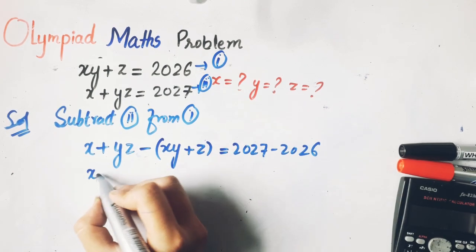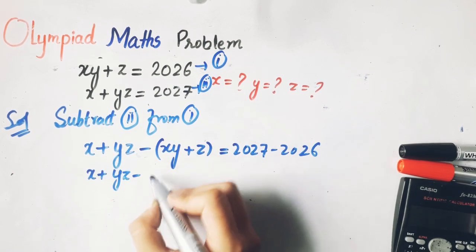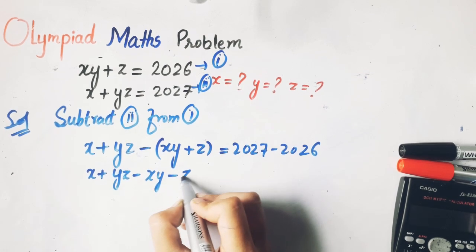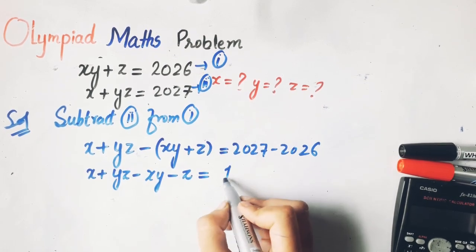Now we will write this as x plus yz minus xy minus z equals 1.